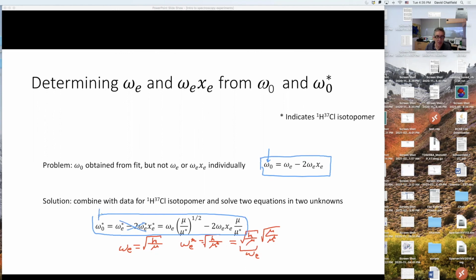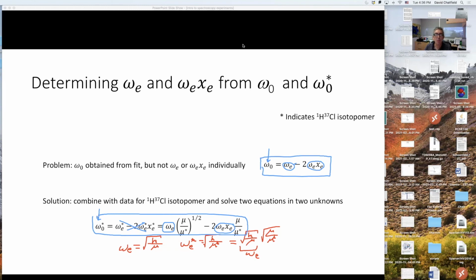This is also measured from the spectrum. So our unknowns are what I'm going to circle: ωe and ωeXe, right? Up here we have the same unknowns. So we have two equations and two unknowns, and we can determine both ωe and ωeXe.